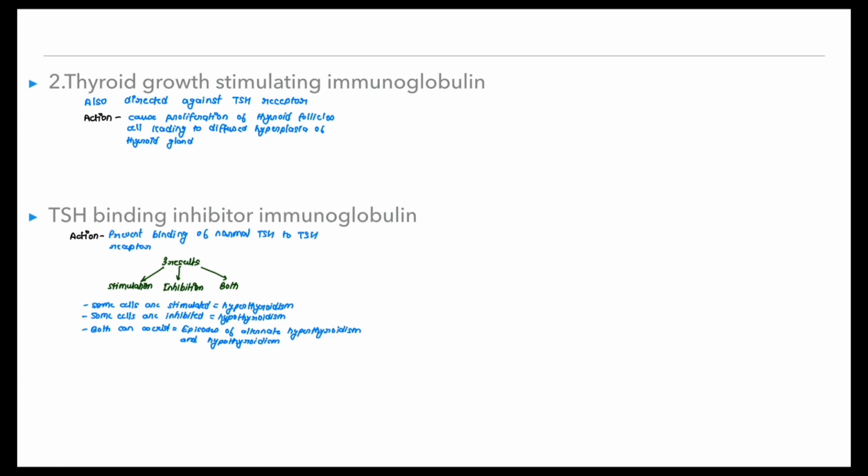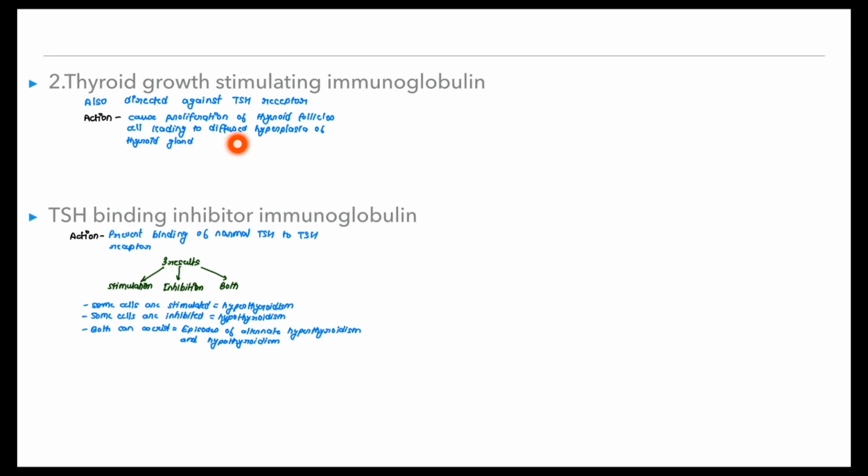It is also directed against the TSH receptor. It causes proliferation of thyroid follicular cells, leading to diffuse hyperplasia of the thyroid gland. Hyperplasia means increase in number of cells, so due to increase in number of follicular cells, there will be more synthesis of T3 and T4, which will ultimately cause hyperthyroidism.